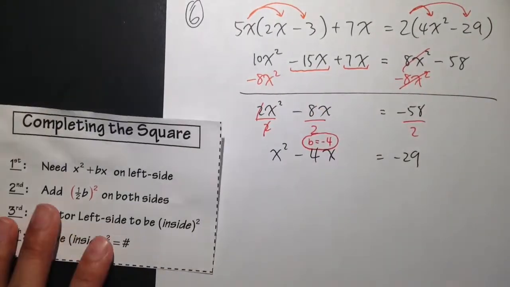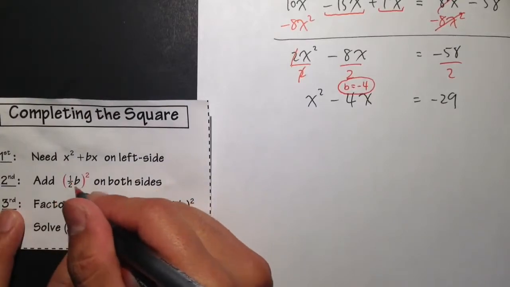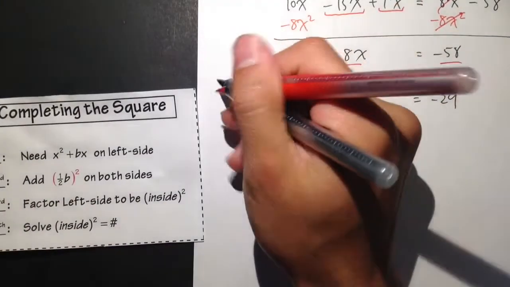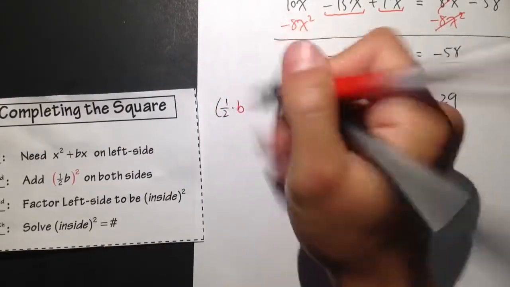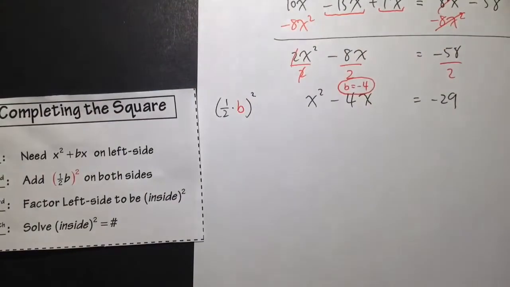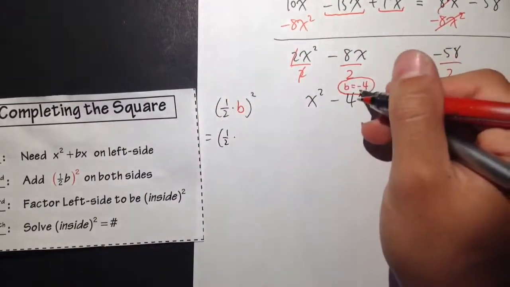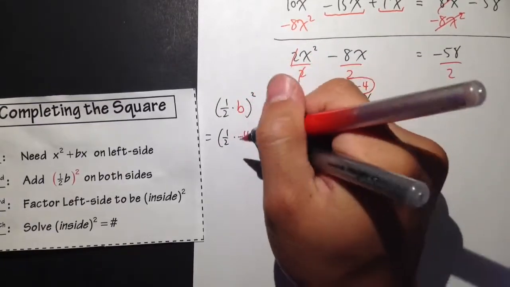Okay. Then on the side, let me figure out 1/2 times b, and then square. So I will do so on the side. 1/2 times b, parentheses, square. And 1/2 times b is negative 4 over 2, so let me put down negative 4 here, square.